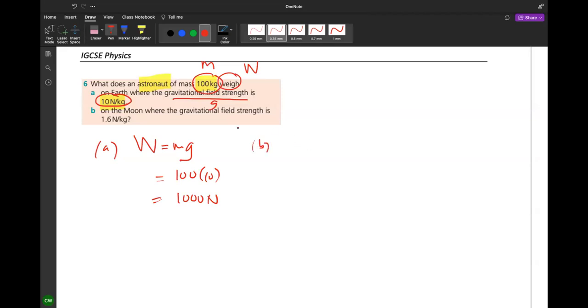Okay, can you do the second one? On the moon. Moon is 月球. On the moon, the value of g, its gravitational field strength now is 1.6. If it is 1.6, how do we find it? Normally you have to use W equals mg prime. So you have to use the different g. But the mass doesn't change, mass is still the same.